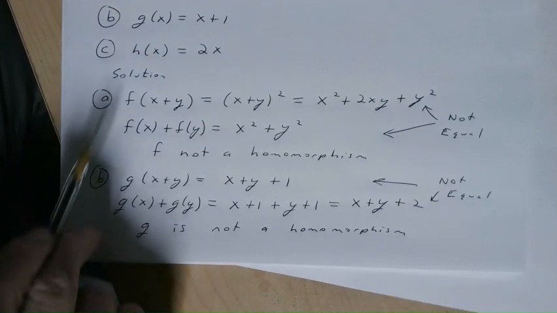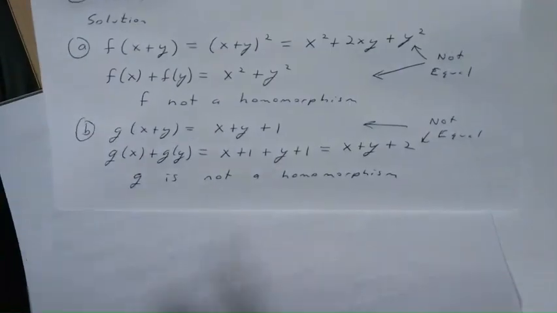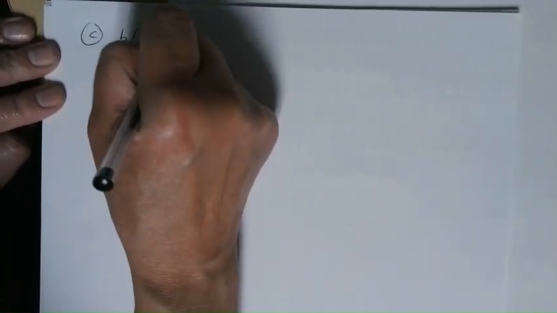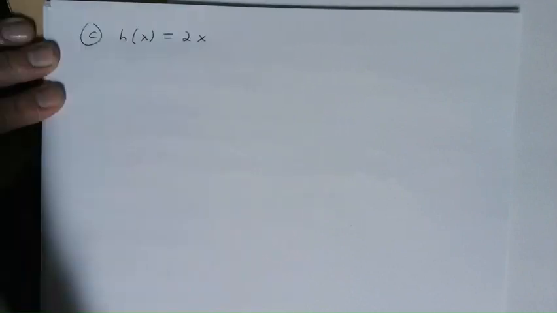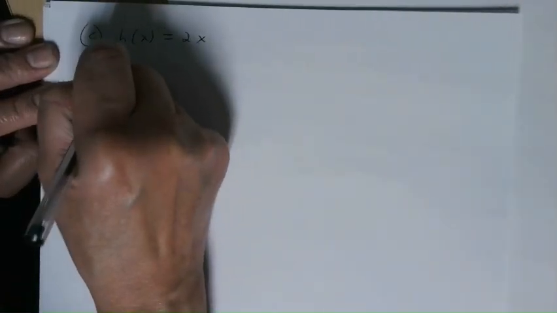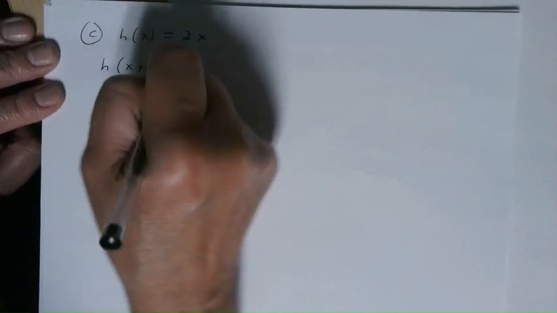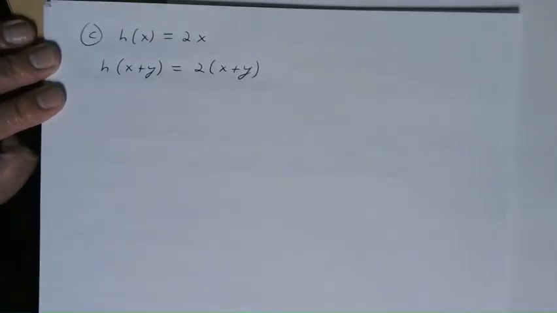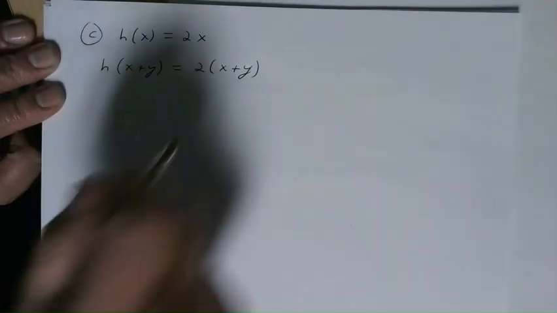So let's try our final one. Let's try our h of x and see what happens there. h of x is equal to 2x. And so let's once again do our h of x plus y. That's going to be 2 times x plus y, like that. Just put this into our function.